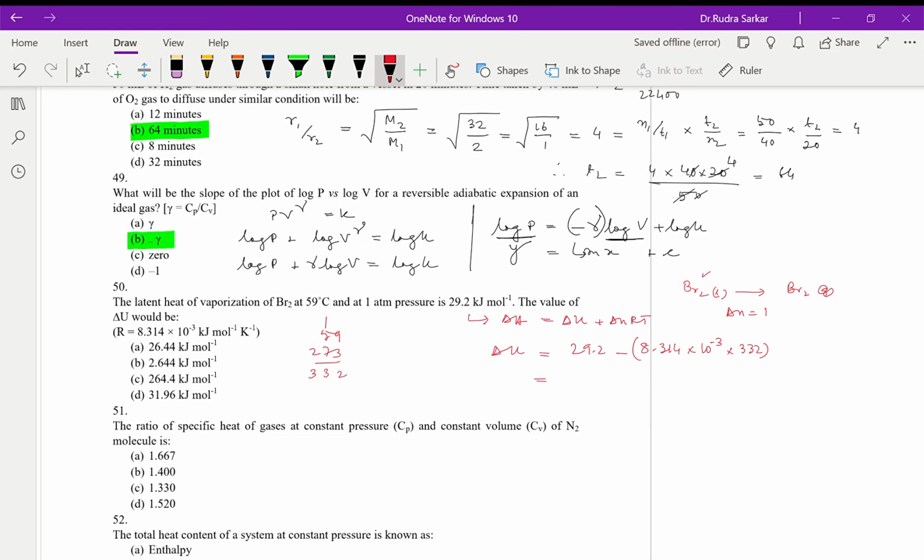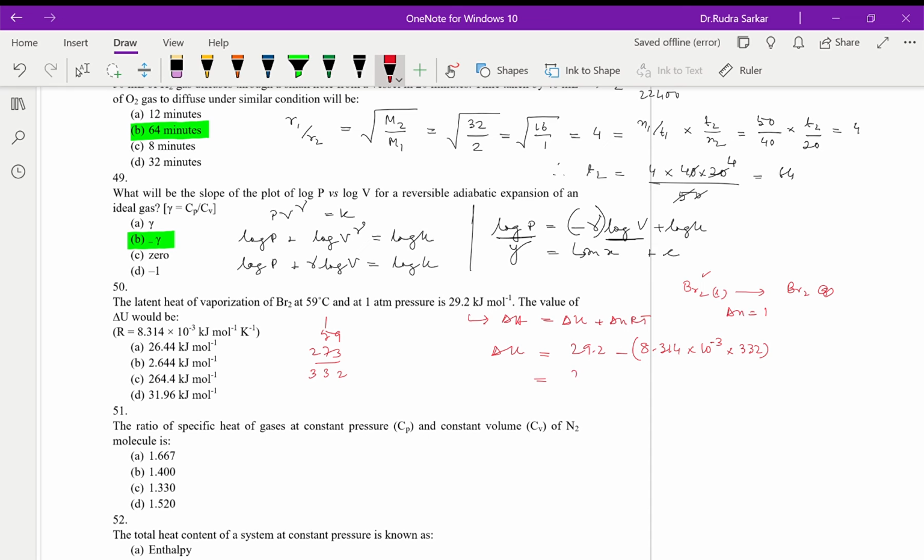8.314 into 10 to the power minus 3 into 332, right? So that is 2.76, all right, minus 29.2.